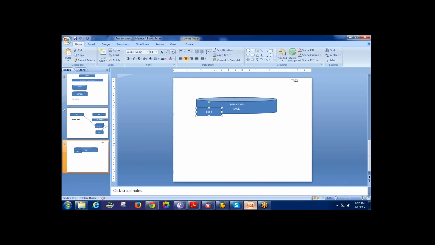OLTP systems like an RDB system have the capability to write data extremely efficiently, right? So we still want the capability of writing the data into the database. That functionality we want to have in this HANA database.